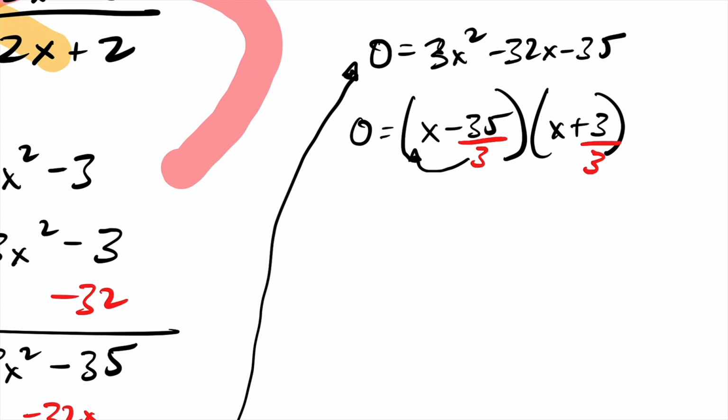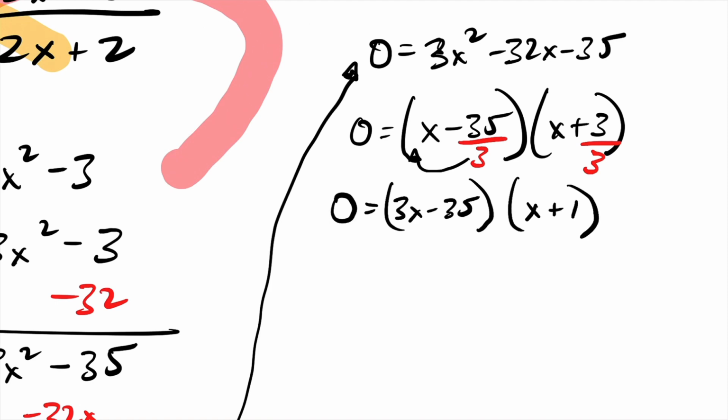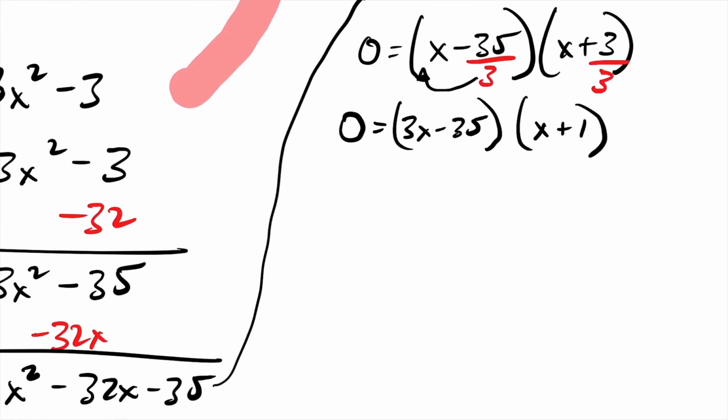So that goes bottoms up. 3x minus 35. But I can reduce this one and divide this one. That makes a positive 1. Now I'm going to separate, set equal to 0, and solve. I'm going to get 2 answers. 3x minus 35 equals 0. X plus 1 equals 0.